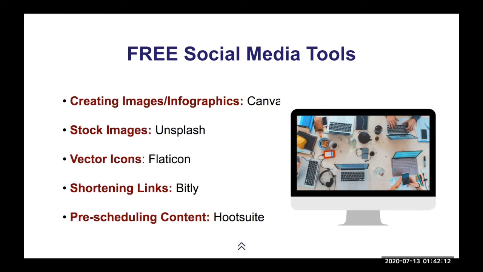I didn't talk about this, but this is good for people who have a lot of content that they want to publish, but they don't want to have to log on to Twitter or log on to Instagram or log on to Facebook every day to post this content. So Hootsuite is a pre-scheduling social media manager. What it allows you to do with the free version is schedule up to 30 pieces of content ahead of time.